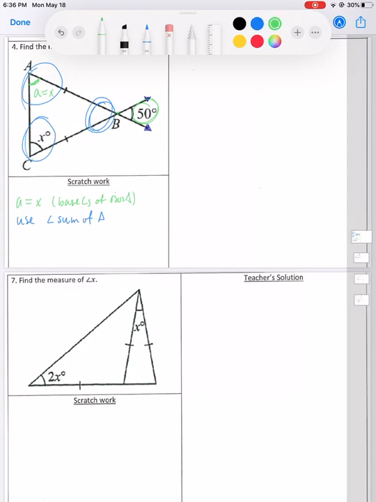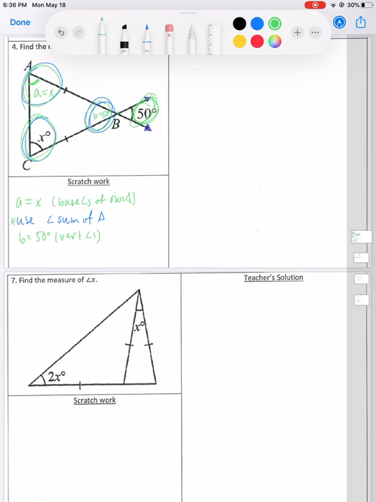We're going to call that angle B, equal to 50 degrees because of vertical angles with this 50 degrees right here. Okay, and when we do that, we can now add 50 degrees plus x and set that equal to 180 from angle sum of triangle.